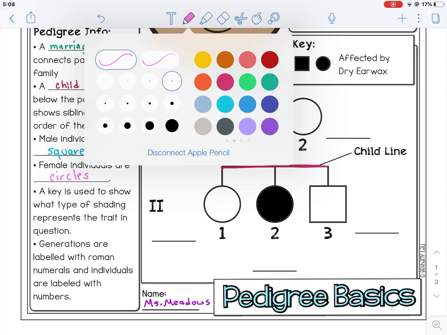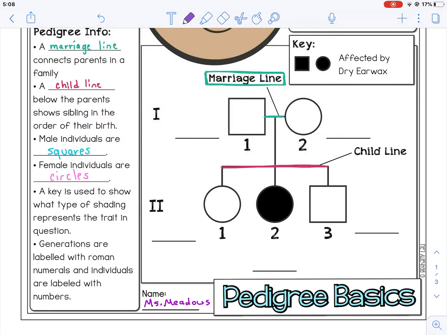Generations are labeled with Roman numerals, and individuals are labeled with numbers.